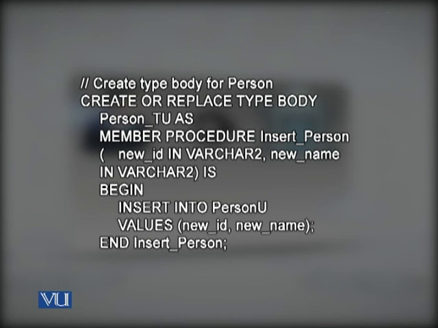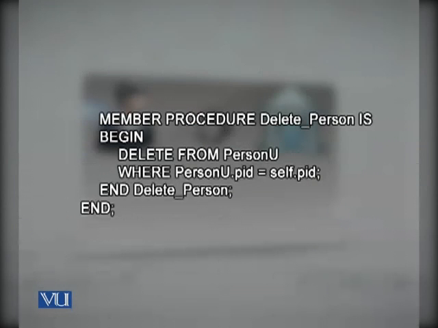Then there is the signature of the member procedure, where we gave the name of the procedure and its arguments. Then it says begin, and then there's a simple insert statement where we enter the data into the person table, and with that the insert person procedure is finished. Then we again gave the procedure delete person, which is simple and which simply gives the delete command.